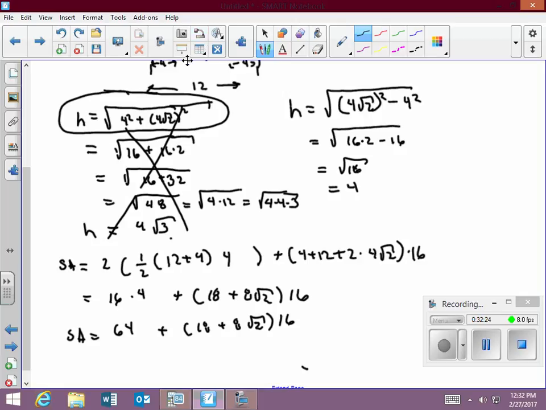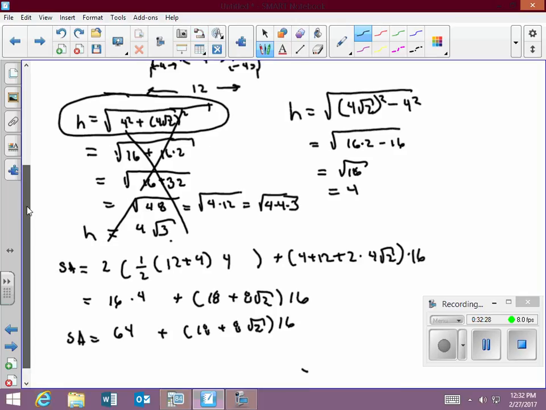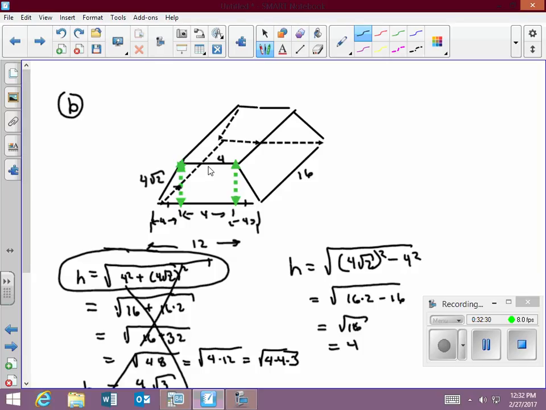Professor, what about the next portion of the equation? 4 plus 12 plus 2, seems like it's times. See, it's 4 plus 12 plus 2 times this 4 square root of 2. Each one of these is 4 square root of 2, right?